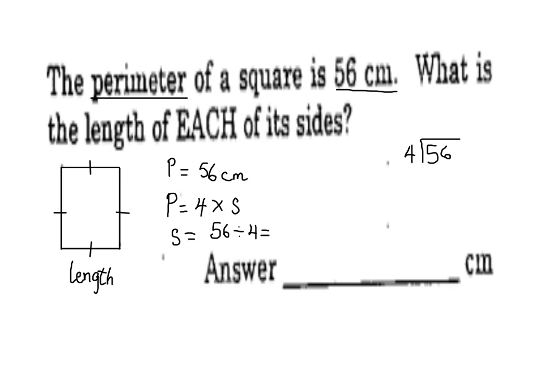So how many times can 4 divide 5? 4 could go into 5 once, right? Remember 1 times 4 is 4. And what's 5 take away 4? 1. And now bring down the 6. So this number is now 16.